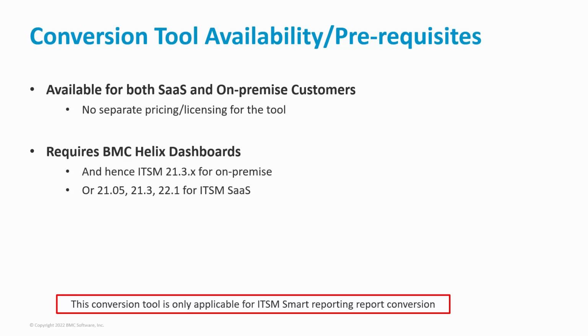This conversion or migration tool is available to all customers and there is no separate pricing or licensing for it. It's kind of obvious that you need Helix dashboard before you use the conversion tool.